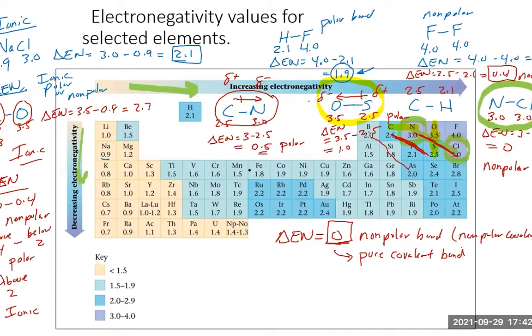If we are looking at something where the two elements are in the same period on the periodic table, like I think we were looking at carbon and nitrogen, for example, here we look at carbon, which is right here, and nitrogen, which is right next door. Because they are in the same period or row on the periodic table, we do know just by the fact of their location that nitrogen should be more electronegative than carbon.